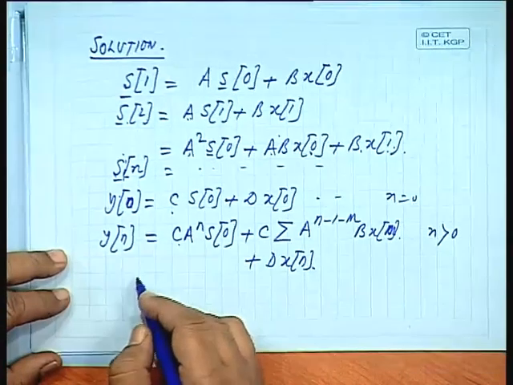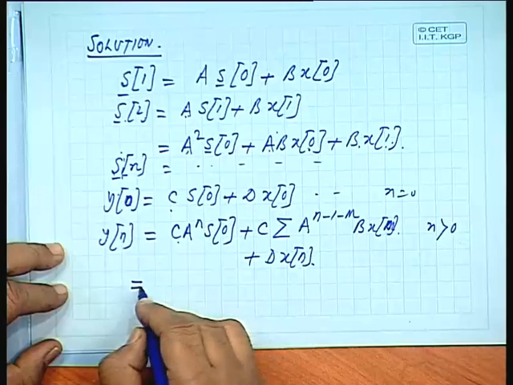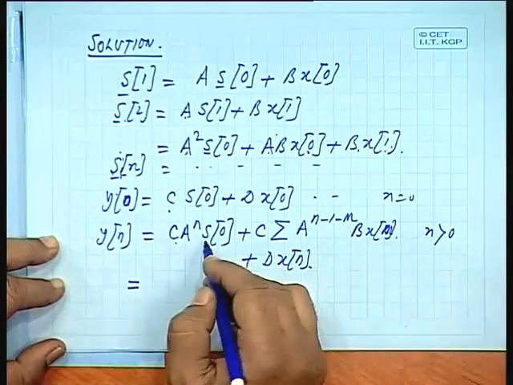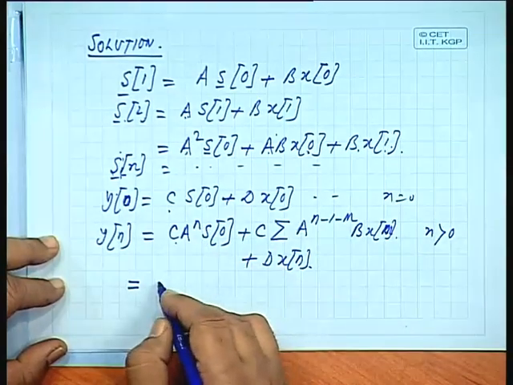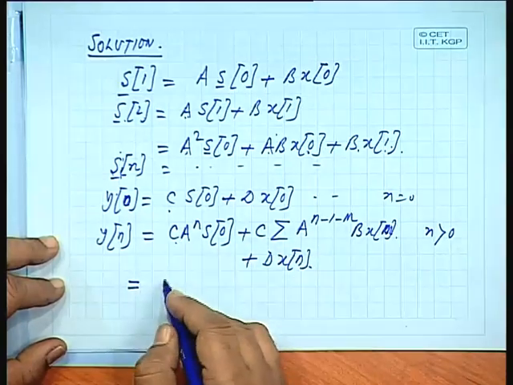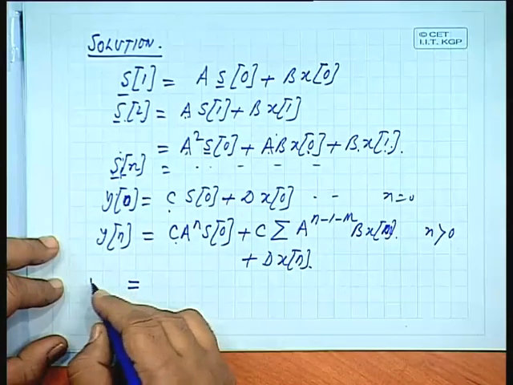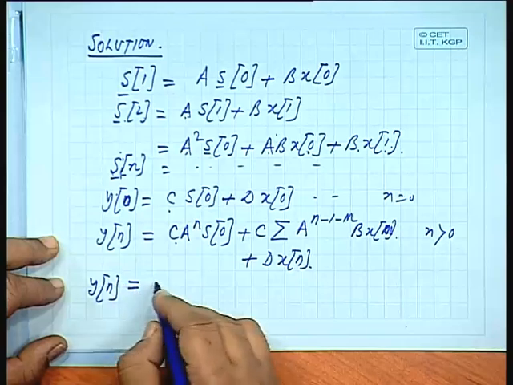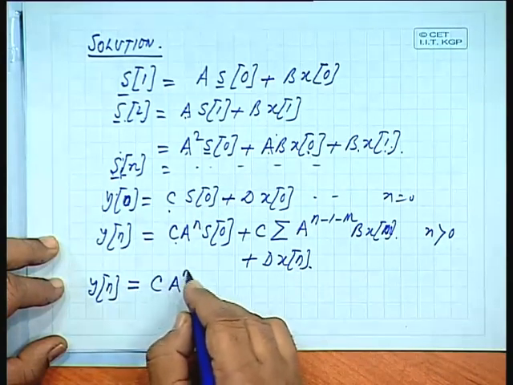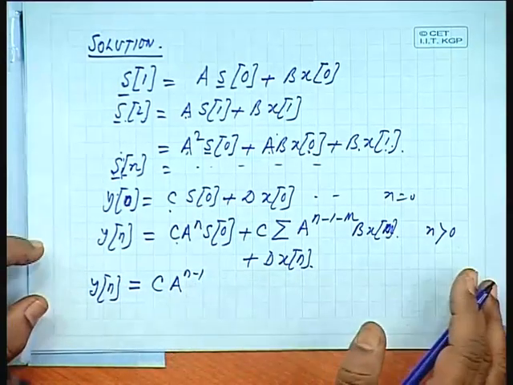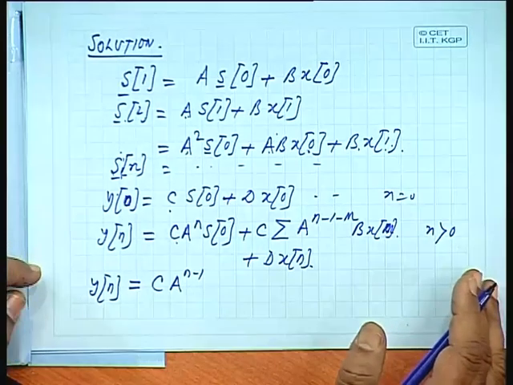So, one may write for n greater than 0, this is the general term, this is y n, finally C A to the power n minus 1. If you have an initially relaxed condition, that means initially S0 is 0. That means in an electrical circuit there is no charge, there is no stored magnetic field in the inductor and so on.